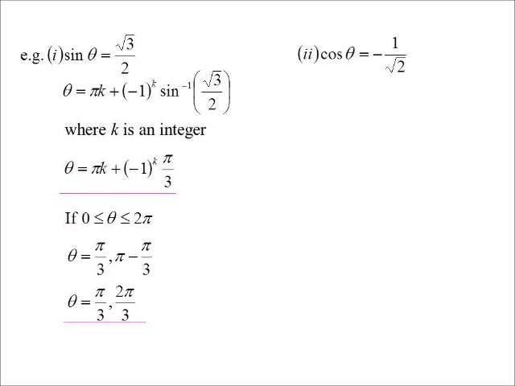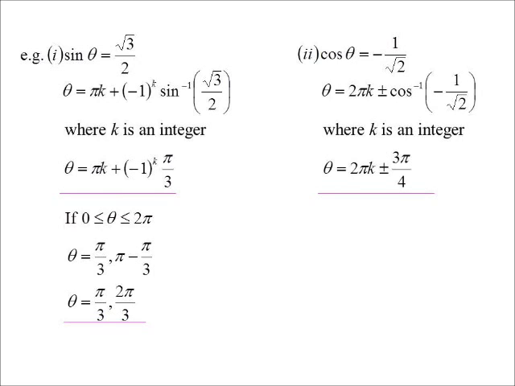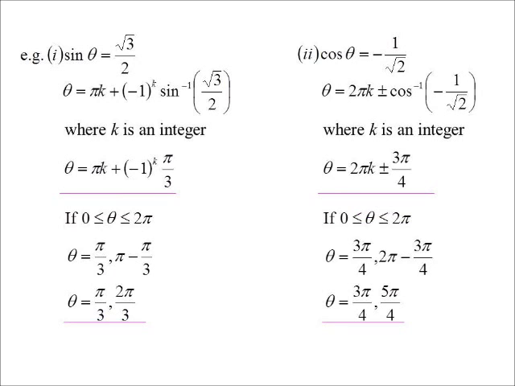Let's try a cos one. So it'll be 2 pi k plus or minus the inverse cos of minus 1 on root 2, where k is an integer. Well, inverse cos of minus 1 on root 2 is 3 pi on 4. So there's my formula. So let's generate our solutions for between 0 and 2 pi. If I substitute in 0, I'll get plus or minus 3 pi on 4.